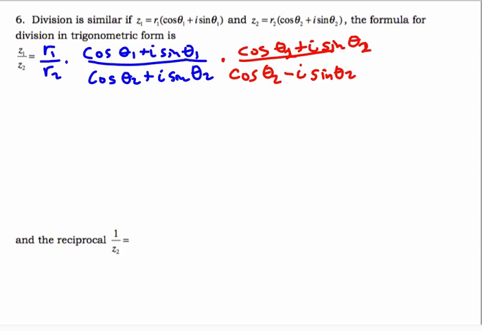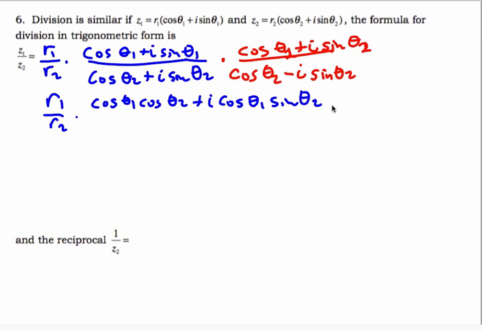Be careful with that. Okay, so we're going to get R1 over R2 times cosine theta 1 cosine theta 2, and in the middle here we're going to get, I'll write the I first, I cosine theta 1 sine theta 2.